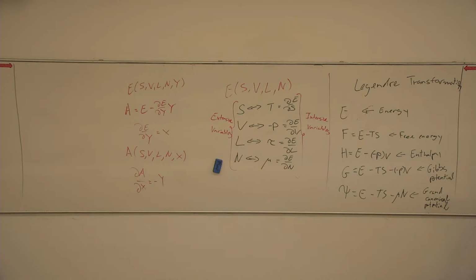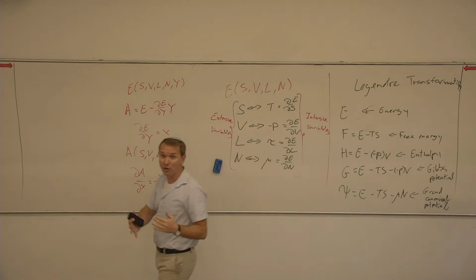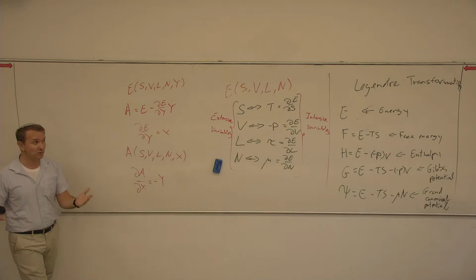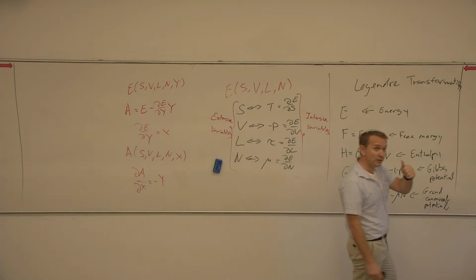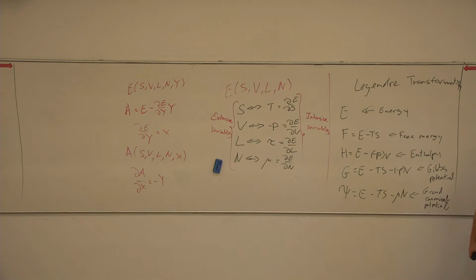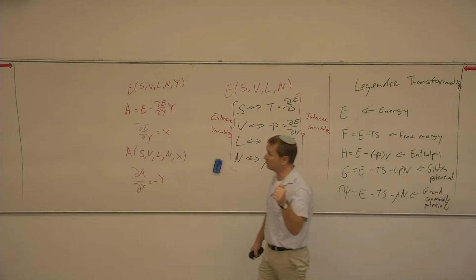So why did we do all of this? Remember, the goal is still to define what happens at equilibrium. We know already that at equilibrium the entropy is maximal and the energy is at minimum.